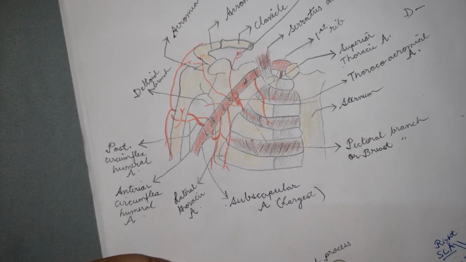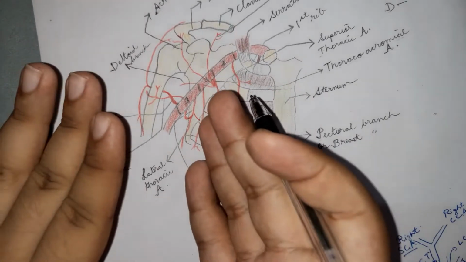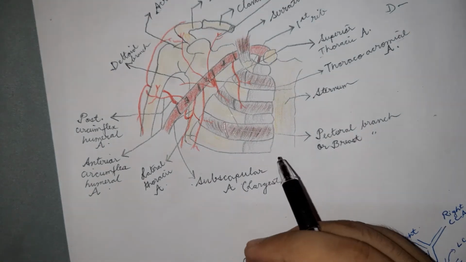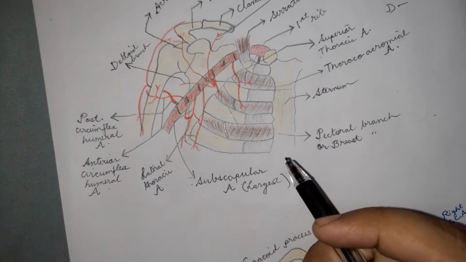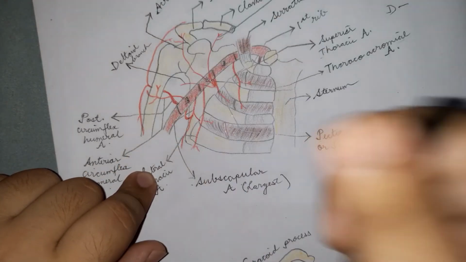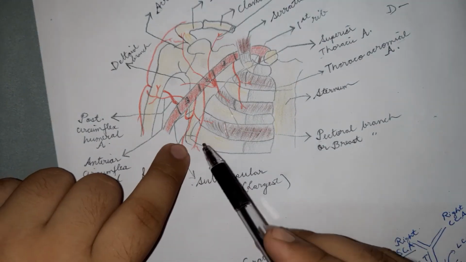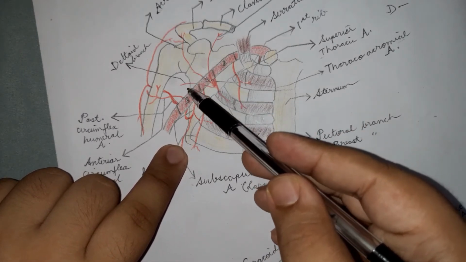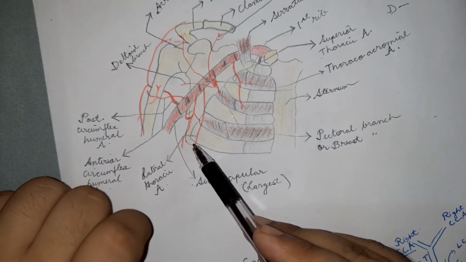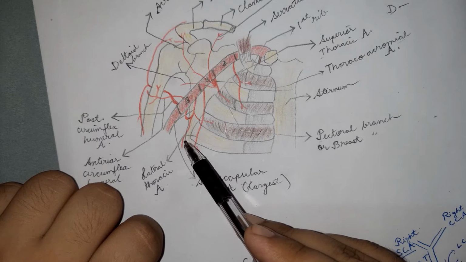It is better discussed in the scapular anastomosis, but for now all you need to remember is that it runs around the lower border of the subscapularis muscle. If you can see, this is the scapula, and this is the inferior angle of the scapula. So it terminates at the inferior angle of the scapula itself.